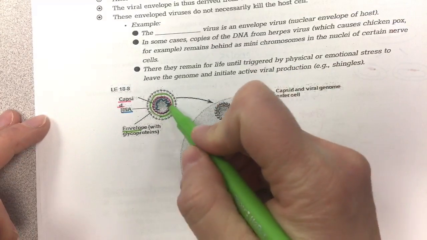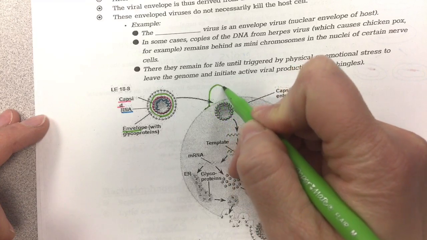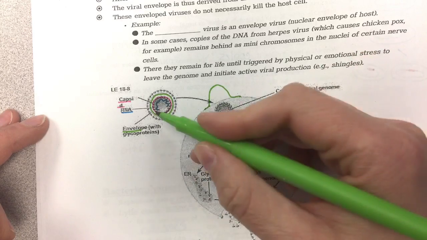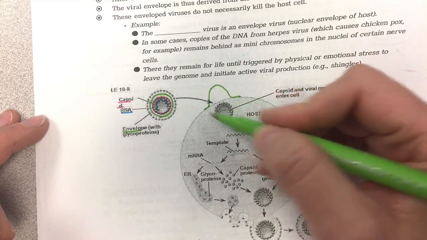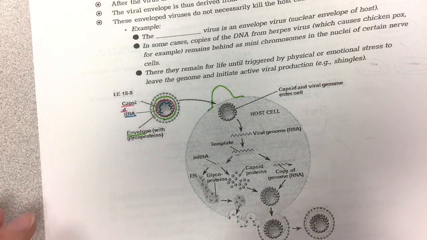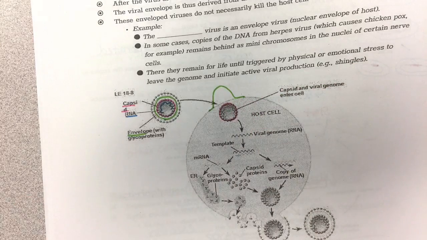So let's draw that here. So this comes over here, and I'm just going to show you this like this. It's going to go in like endocytosis, where it's going to fuse with the membrane and allow its insides to come into the cell. So the insides are the capsid and the RNA.